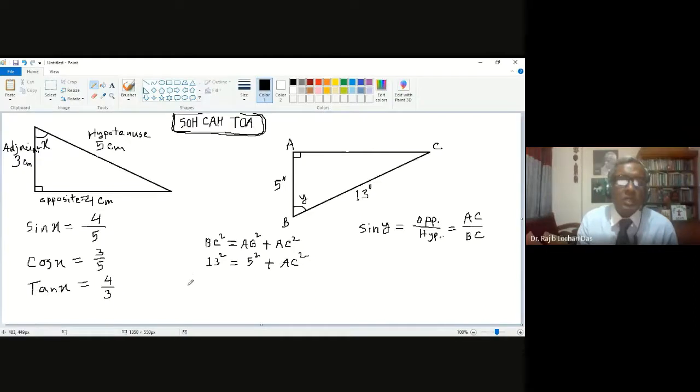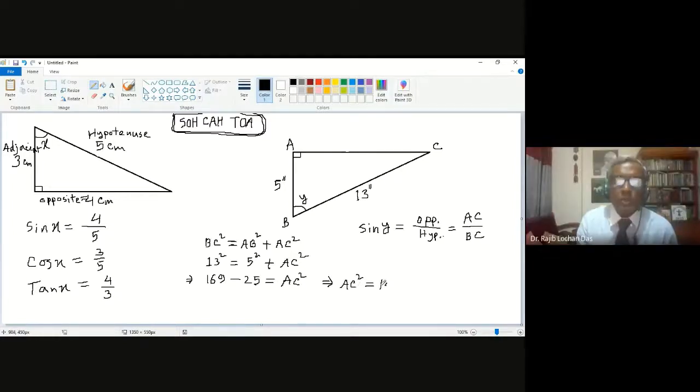In the next line you write 169, because 13 square is this, minus 25 because 5 square is 25, going to the other side, and then AC square is 169 minus 25, which is 144.